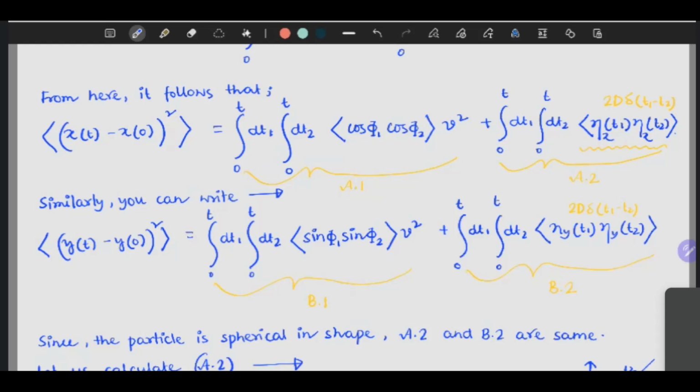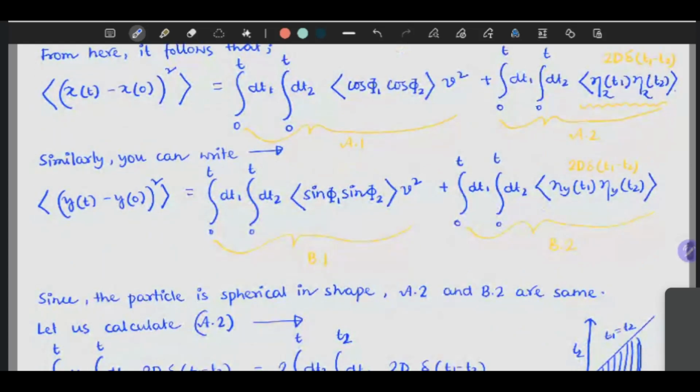So now we need to find this autocorrelation cos phi 1 cos phi 2. Now to find that, what we need to know is the transition probability density of orientation.